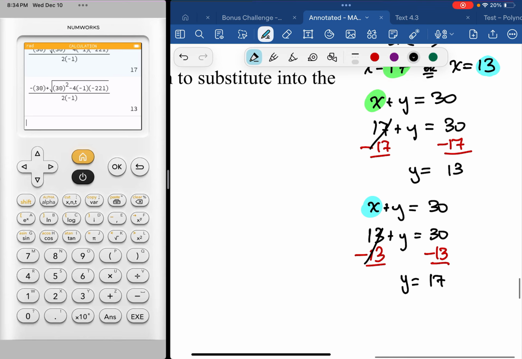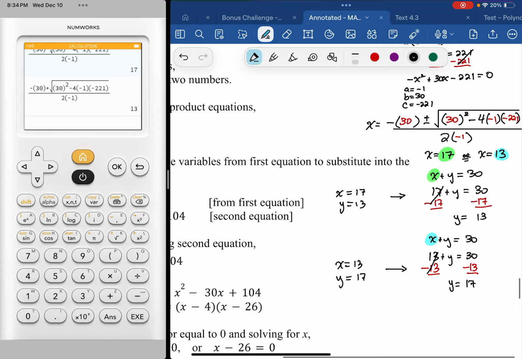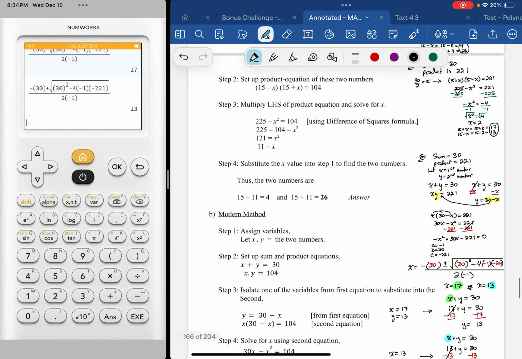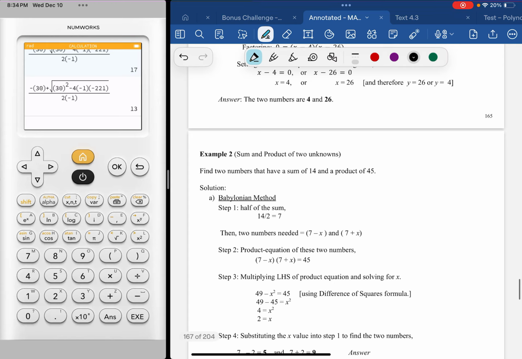So here in this case, we would say x equals 17, y equals 13. And in this case, we get x equals 13, y equals 17. But ultimately, we got the pairing of values, 17 and 13, so it doesn't matter which one I call x and which one I call y. All right. So that confirms the answer we got before, and that's the modern method approach.